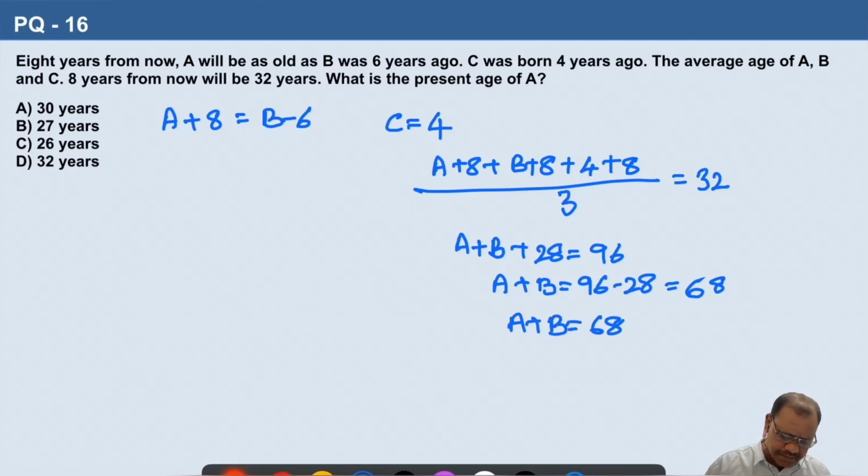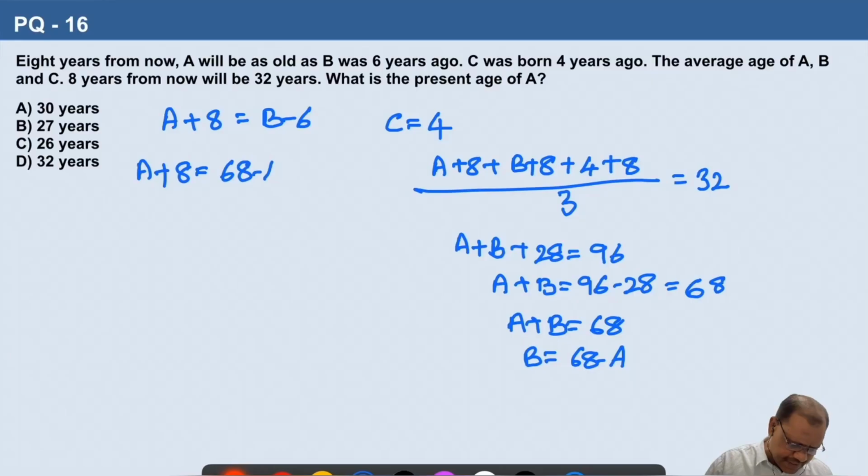And B is equal to 68 minus A. So in place of B, substitute 68 minus A. So that is A plus 8 is equals to 68 minus A minus 6.